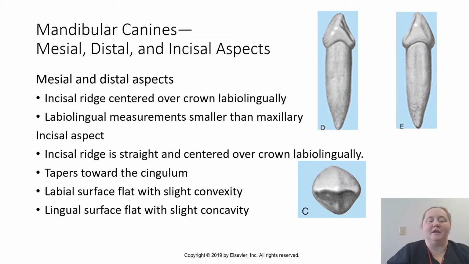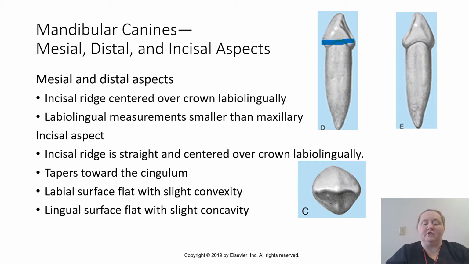All right, mandibular canines, mesial and distal aspects. The incisal ridge is centered over the crown labiolingually. Okay, so the incisal ridge, this up here, is centered between this and this. Okay, labiolingual measurements are smaller than the maxillary incisal aspect.